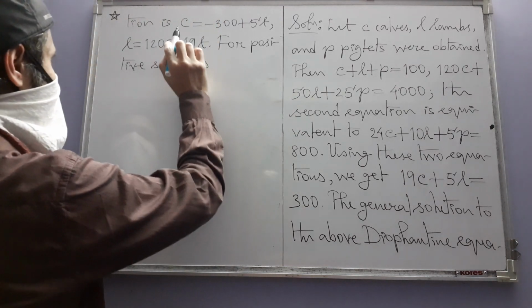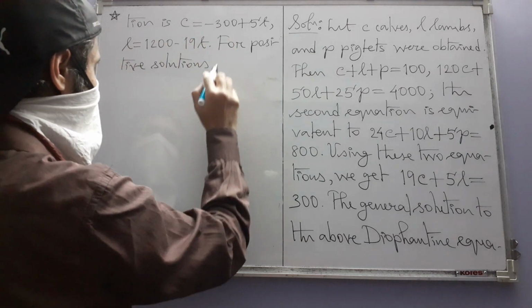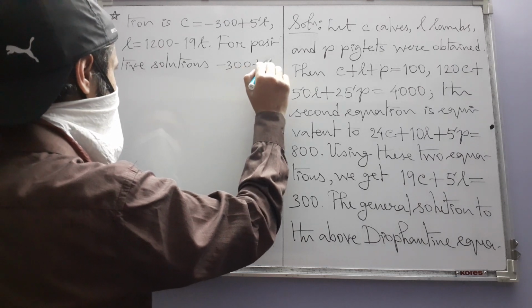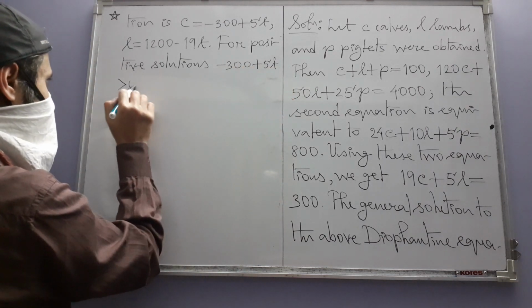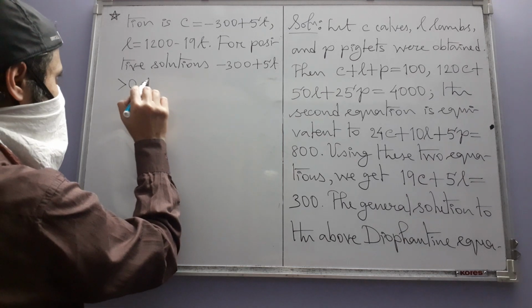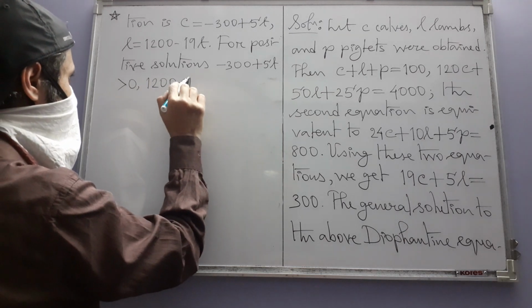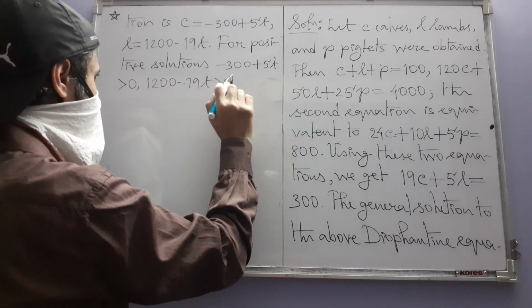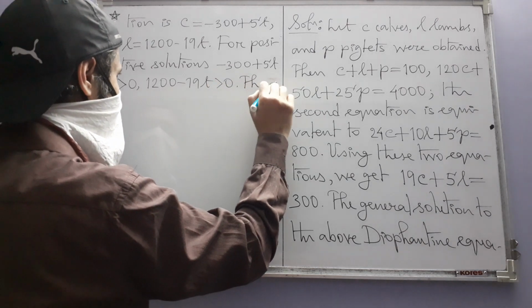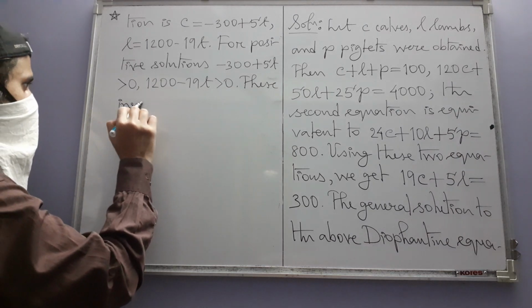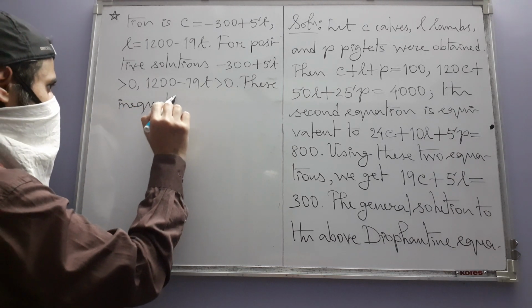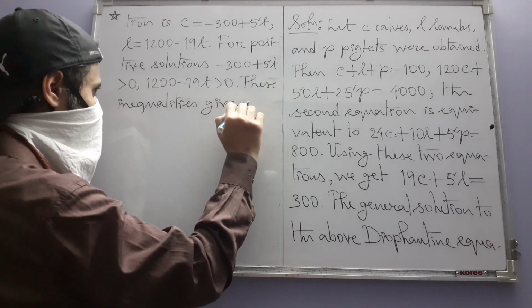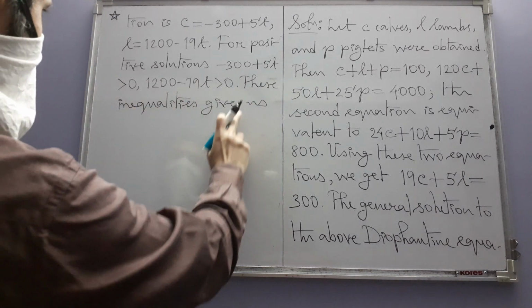So for positivity of the number of calves and number of lambs, we should have this and also this. These inequalities give us what?